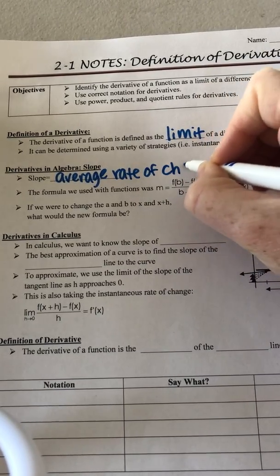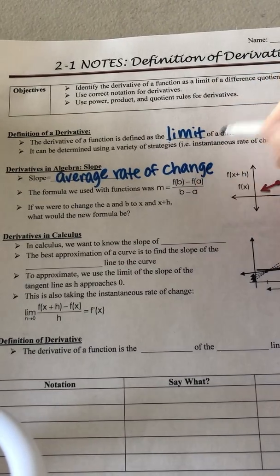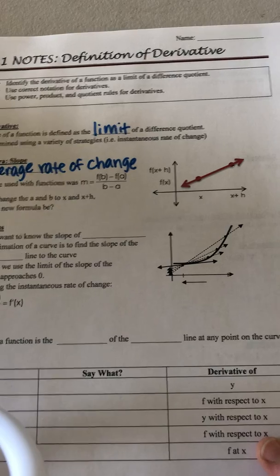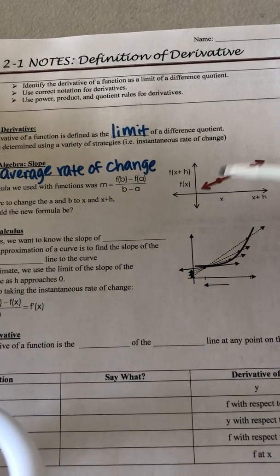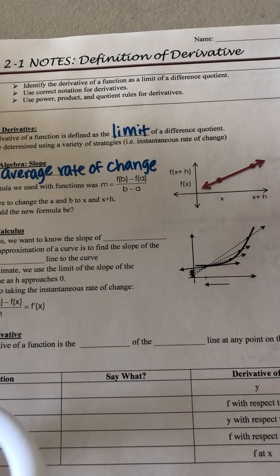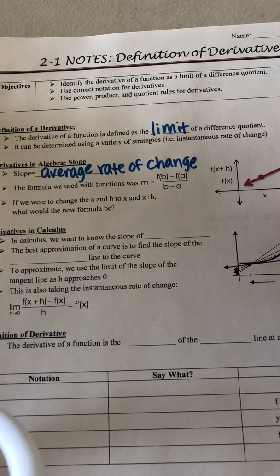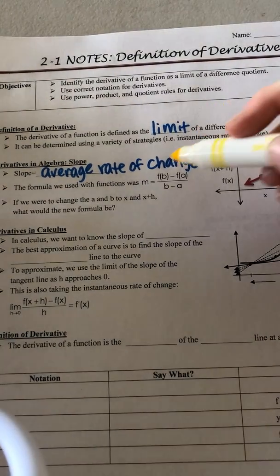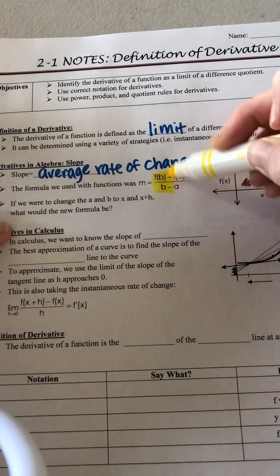Usually you are only given a line to find that of in algebra, okay? So if you look at a line here, if you had coordinate points, you could use the slope formula. If you're given a function, this comes from using a function on an interval.